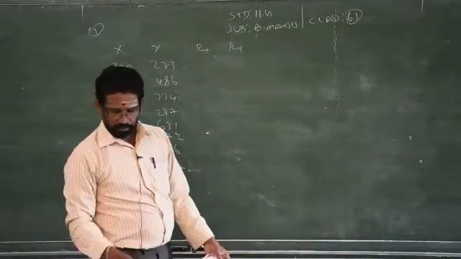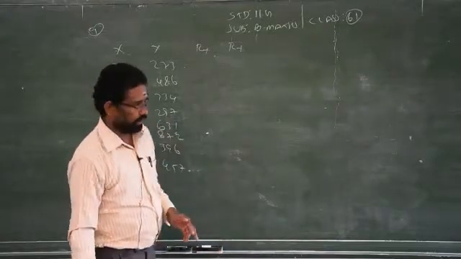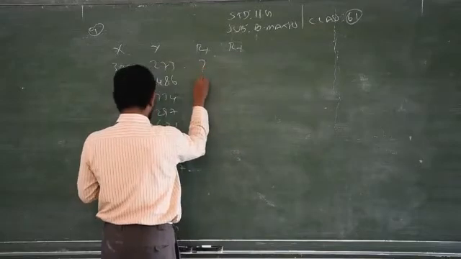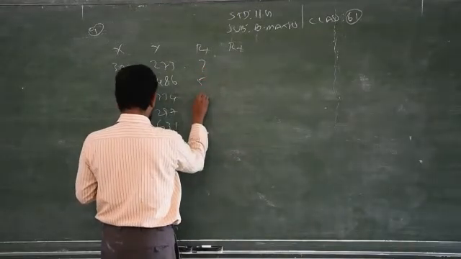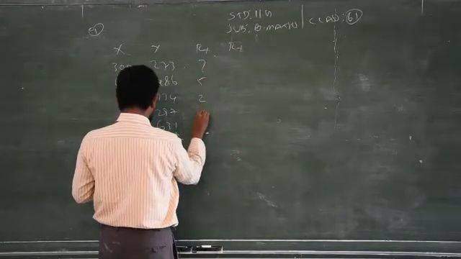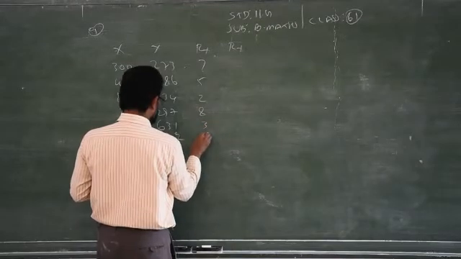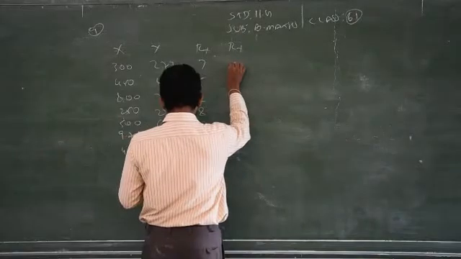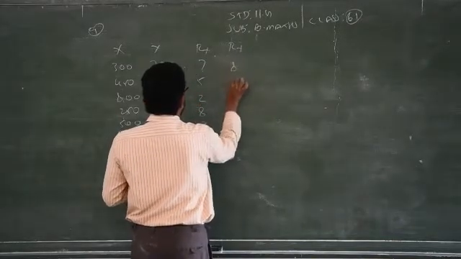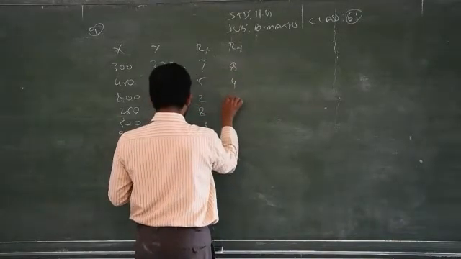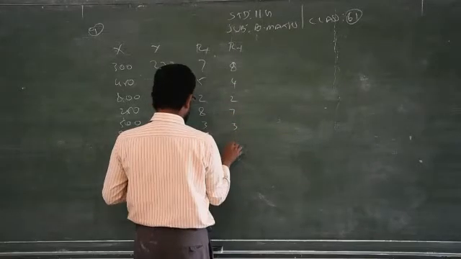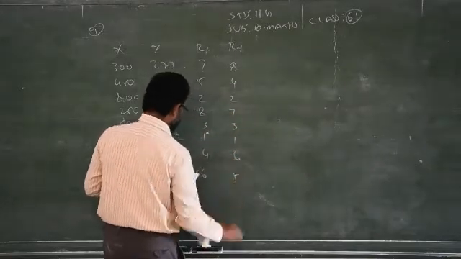I straight away write down the ranks. You please check. Clear? So 7, 5, 2, 8, 3, 1, 4, 6. Under rank Y, 8, 4, 2, 7, 3, 1, 6, 5.